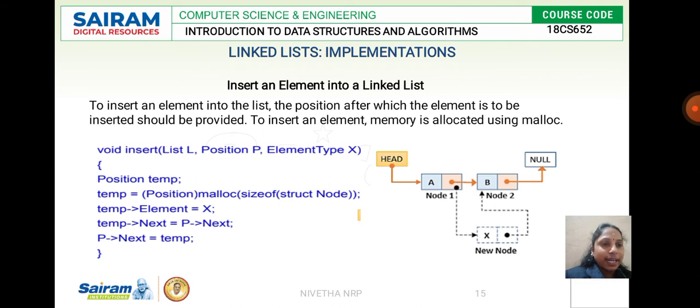So first I create memory using the malloc function, and using the structure concept I create a node. Then the data element I am going to insert, I am going to store in a temporary memory location. That is why I have given the nomenclature as temp. Temp is nothing but the data element which is storing the data to be inserted.